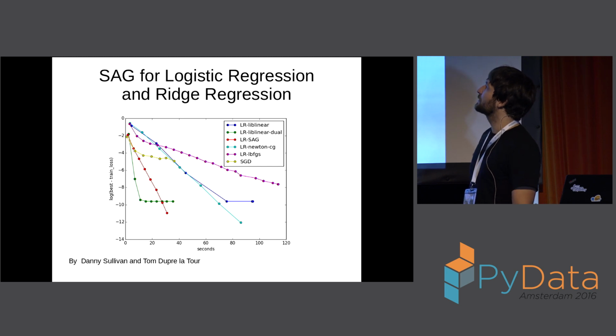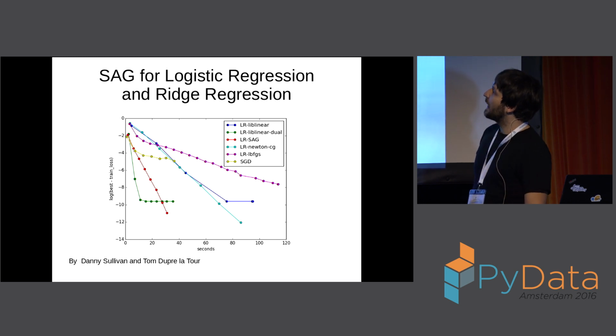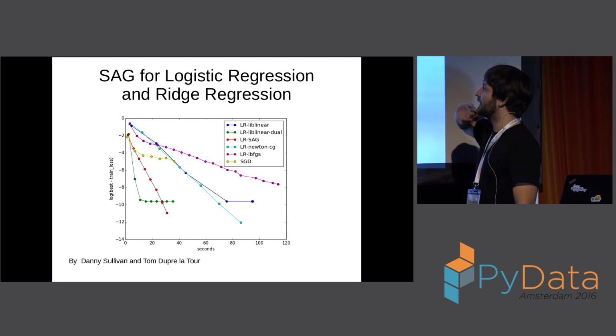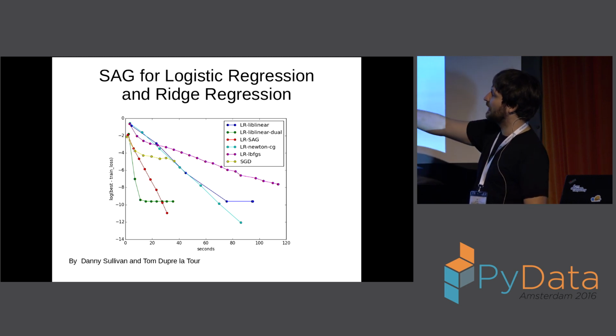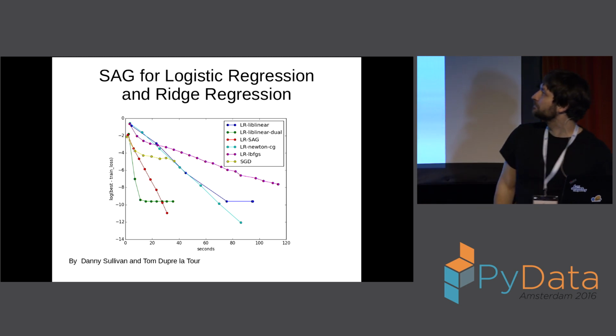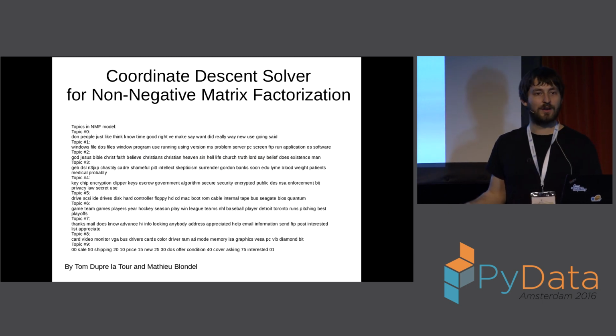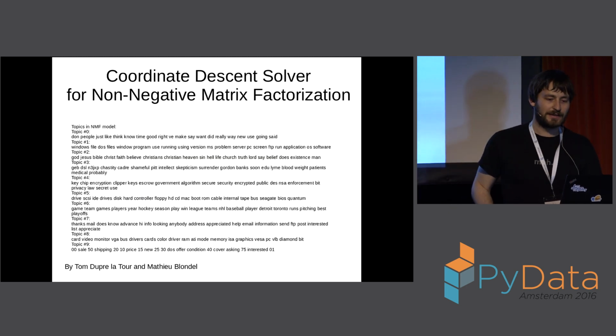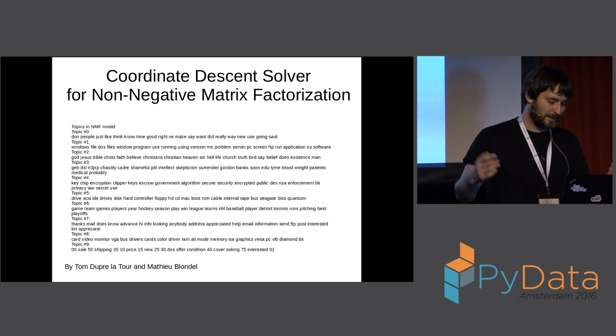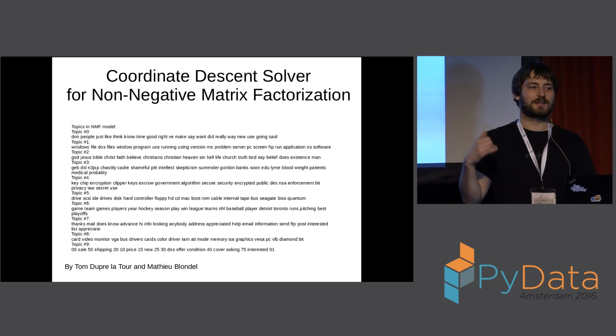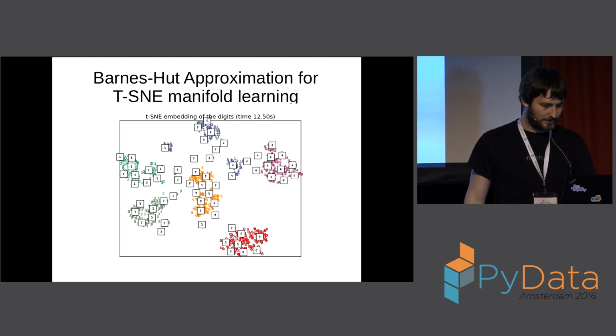It's basically always faster than SGD, and often faster than liblinear, which is the standard solver for logistic regression. It takes more RAM than SGD, but it's very fast. We also have a new solver for non-negative matrix factorization, which is maybe a factor of 10 faster than the previous NMF in Scikit-Learn.